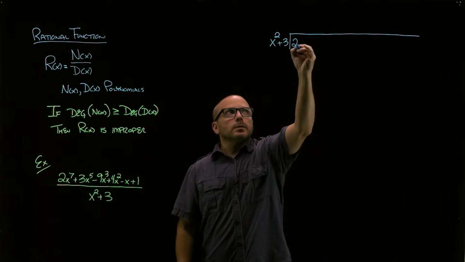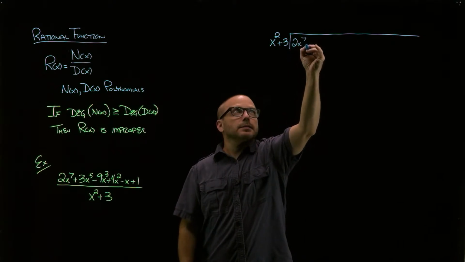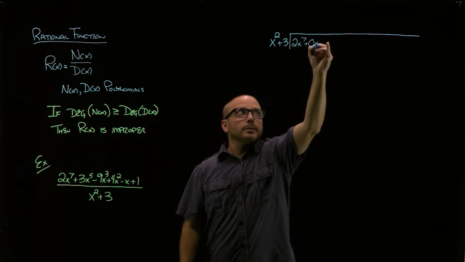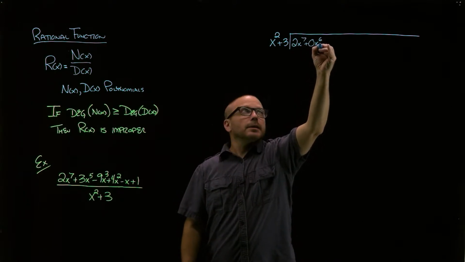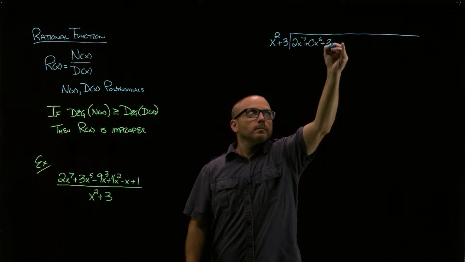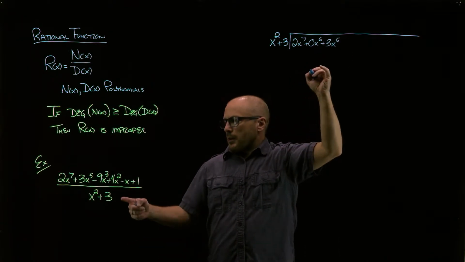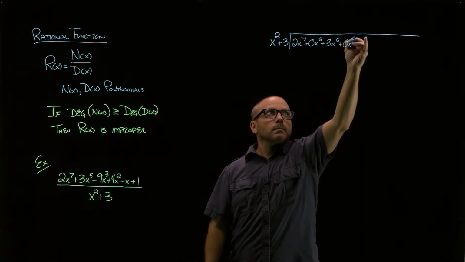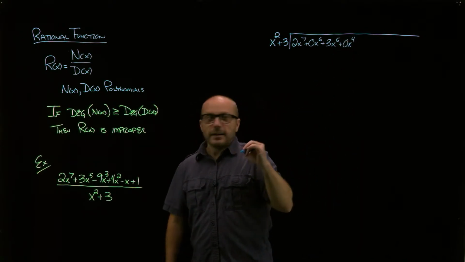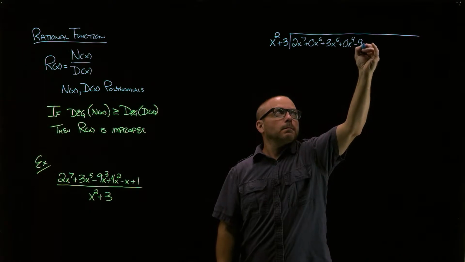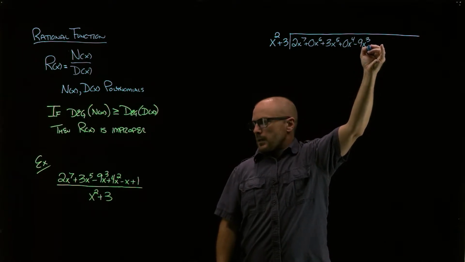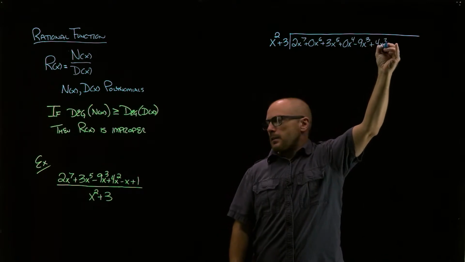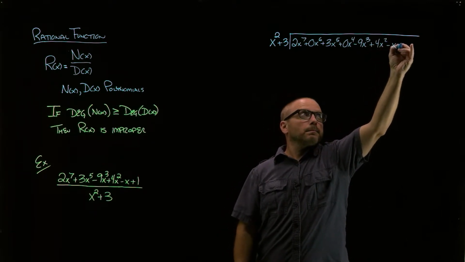So 2x to the 7th plus no 6th degree terms plus 3x to the 5th, no 4th degree terms, minus 9x cubed, plus 4x squared, minus x plus 1.